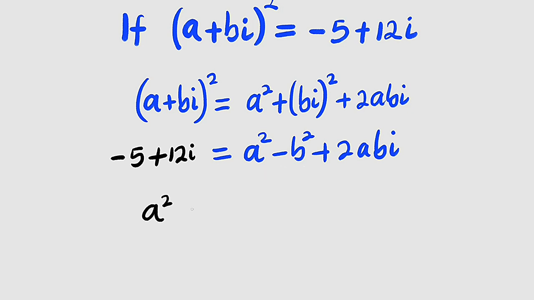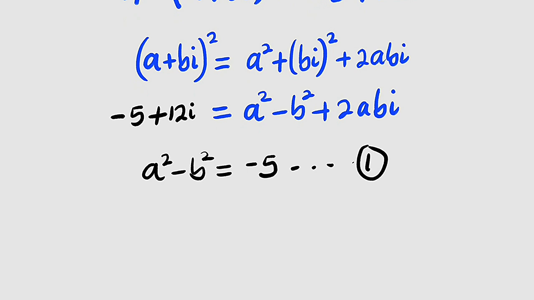So a squared minus b squared equal to -5, our first equation. Then the second one, the imaginary part, we have 2ab. This must be equal to 12. So now let us make either a or b the subject here, then we plug it into equation number 1. Remember that this is equation number 2.